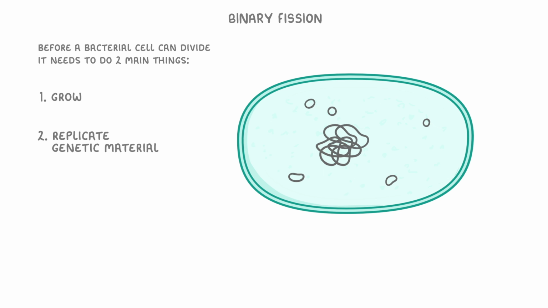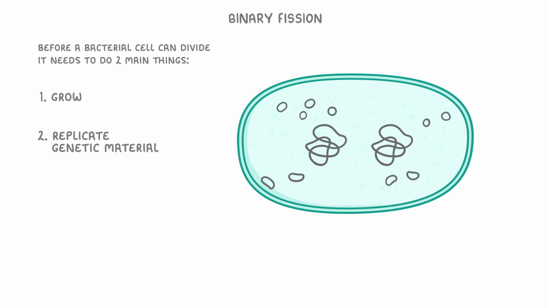So it has to replicate its large circular strand of DNA, and then also replicate all of its little plasmids. Once this is done, the two large circular strands move to either sides of the cell, so that the offspring cells will end up getting one each. The plasmids, though, are arranged pretty randomly, so one offspring cell might end up getting more than the other.